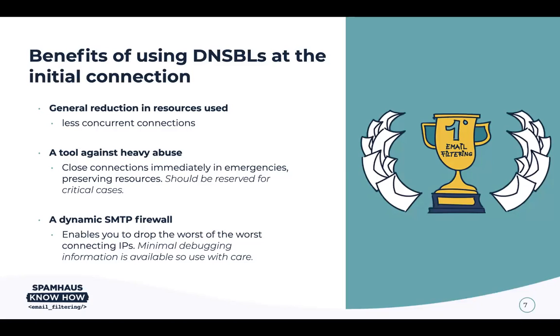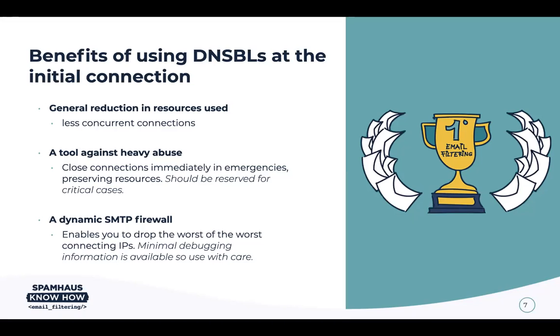It's reasonable to think of it as a dynamic SMTP firewall. Usually people think in the context of a firewall that you put an IP in there and you forget about it. But this is basically a firewall that keeps itself up to date with a set of IP addresses where you can say, okay, here I do not want to receive any mail from, and it allows you to very efficiently get rid of the worst of the worst.